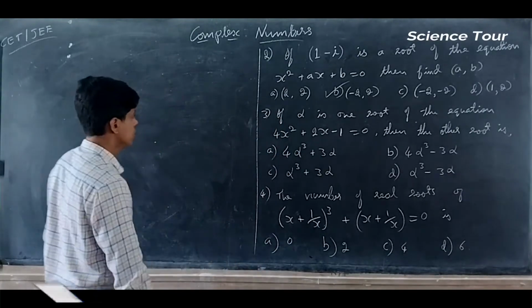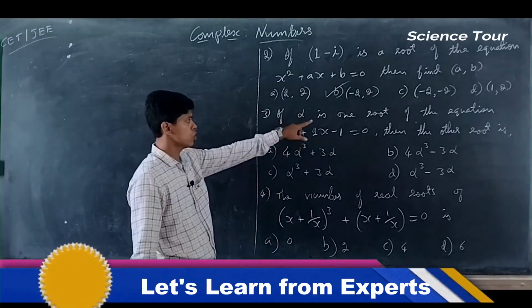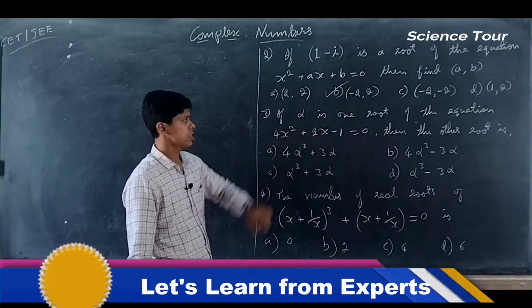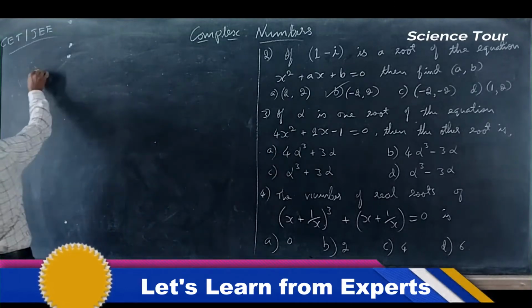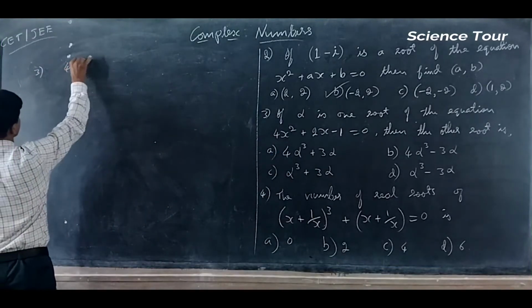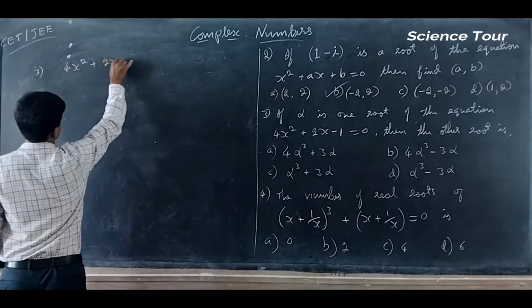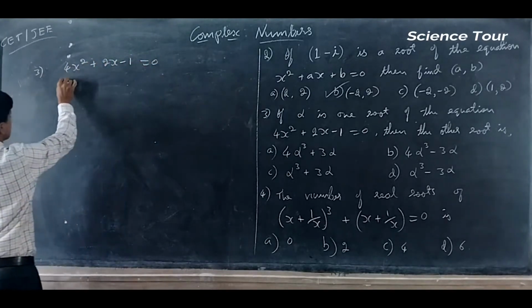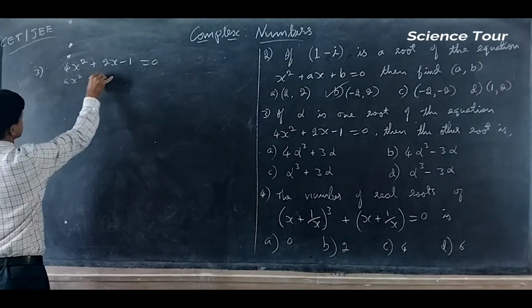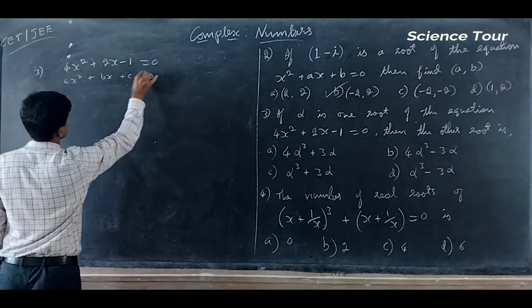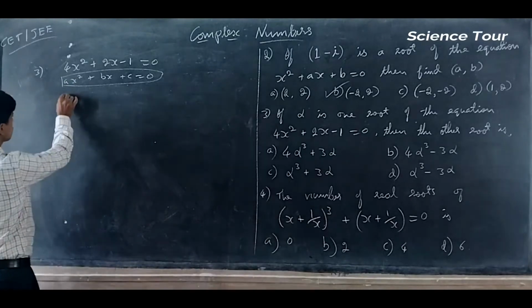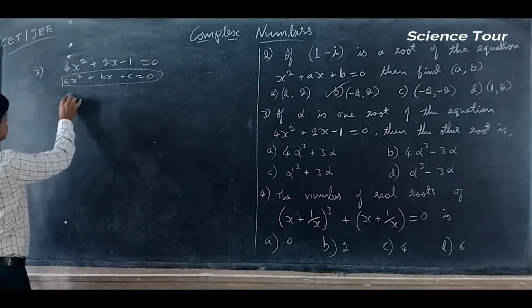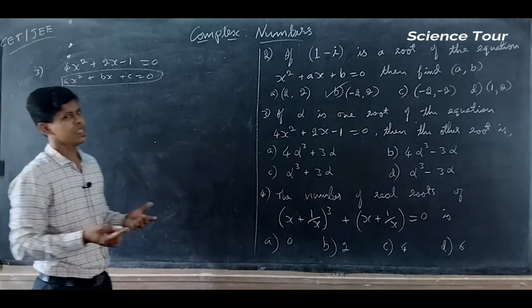Now third question: if alpha i is one root of the equation, then the other root is. Okay, so a quadratic equation is given to us, so let's start with that. Now this is like ax square plus bx plus c is equal to 0, right? Let alpha and beta be the two roots.